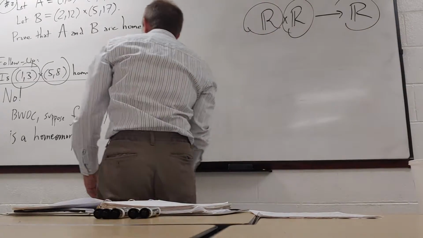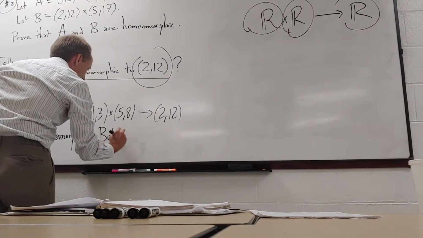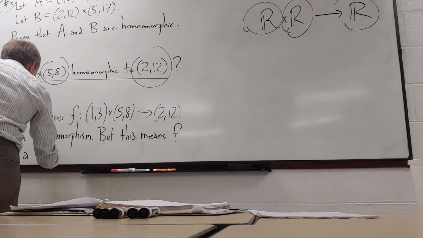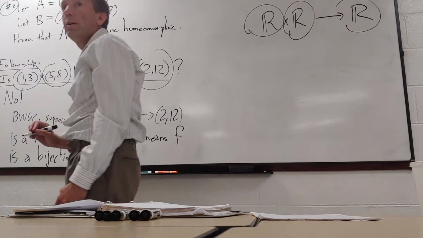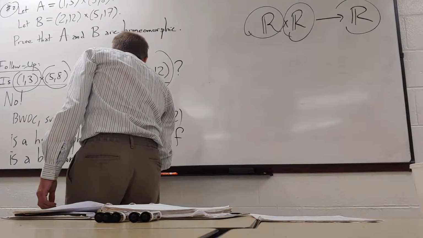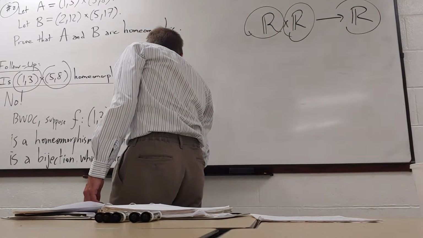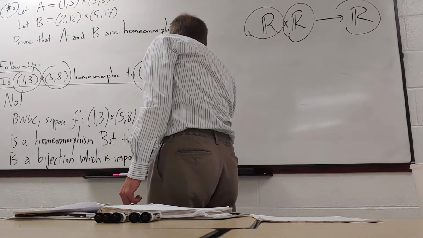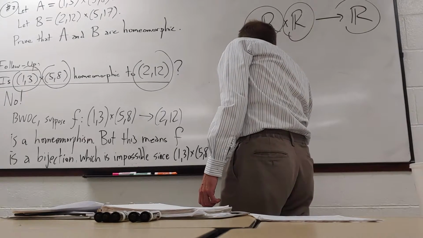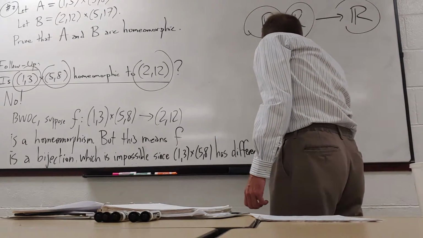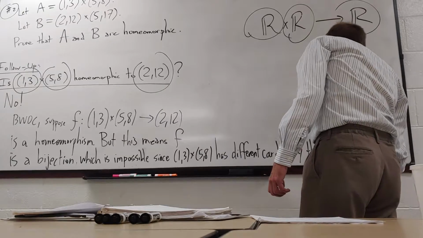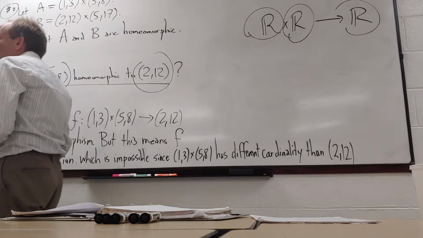And the answer is no. Okay, but this means F is a bijection, which is impossible since (1, 3) cross (5, 8) has a different cardinality than (2, 12).